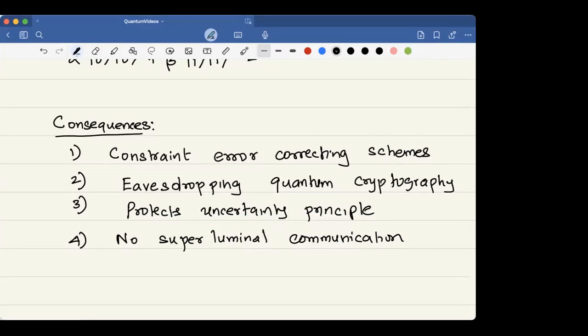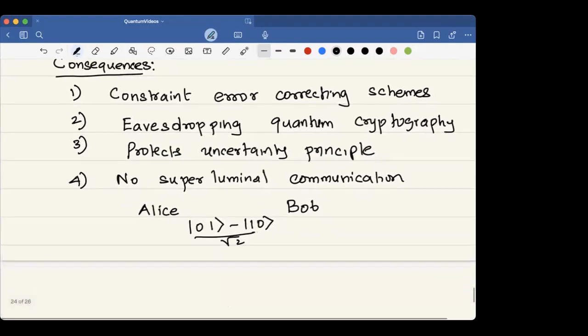For example, let's say Alice and Bob are separated by a large distance, and they share a state which looks like this, 1 over square root of 2 times 00 plus 11. This is an entangled state shared by Alice and Bob.